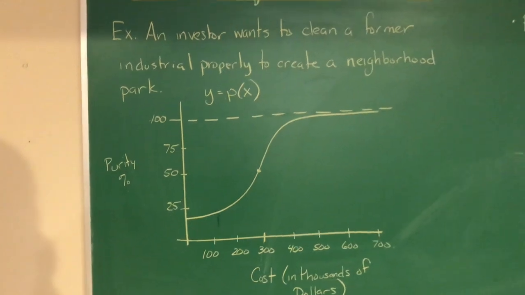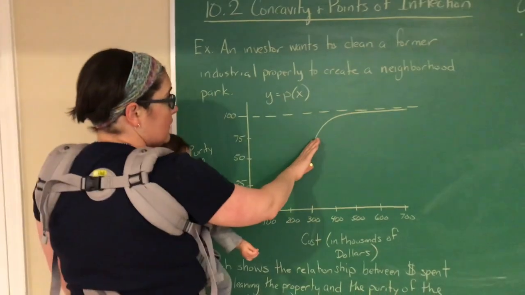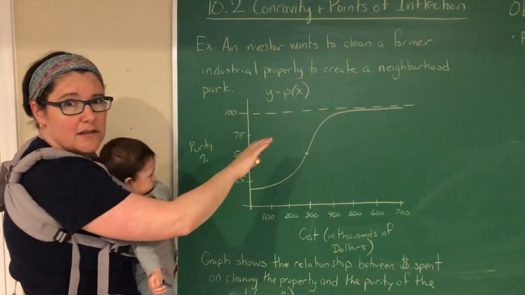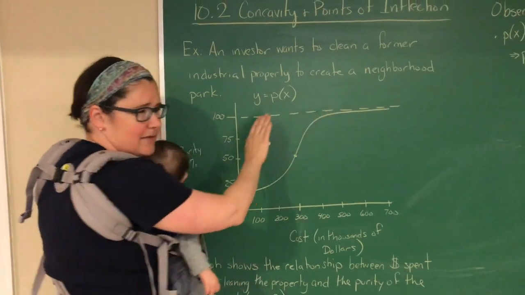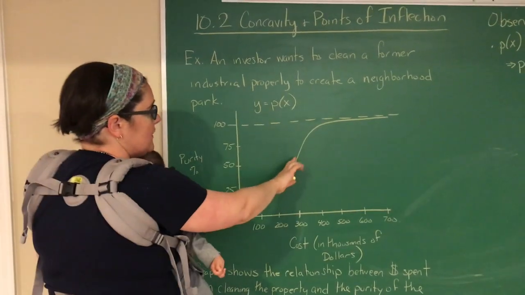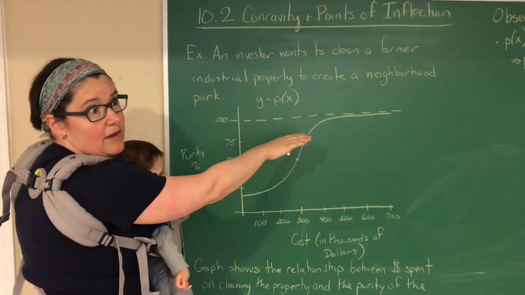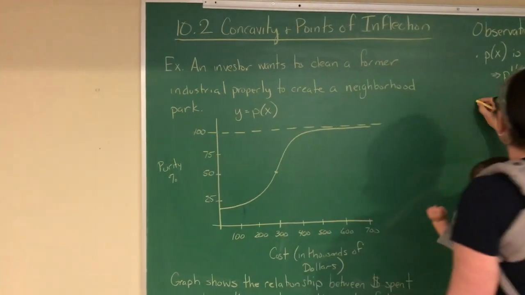After about 300, the purity is still increasing, but this graph is starting to flatten out. And so we say that the purity is increasing at a decreasing rate. So let me write those things down.